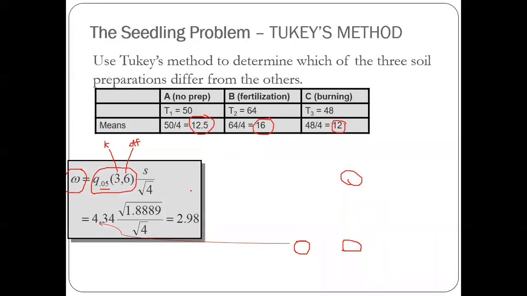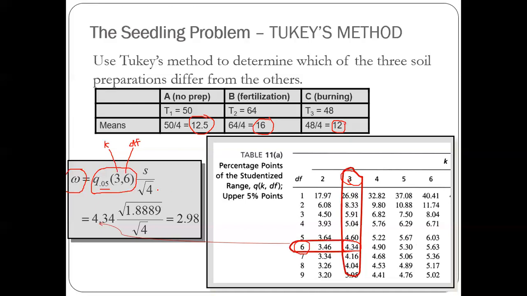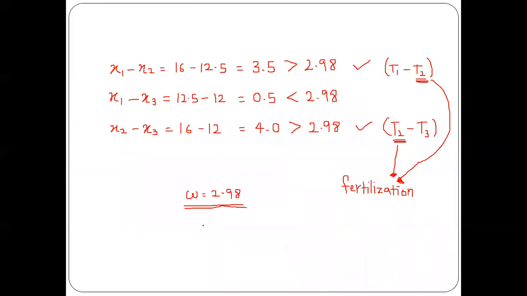So divide by the value of block here. That is 4 blocks. Okay, so when you calculate, you will get 2.98. So this is the cut-off point for comparison with the value of F statistic, the omega. So the value of omega is 2.98.